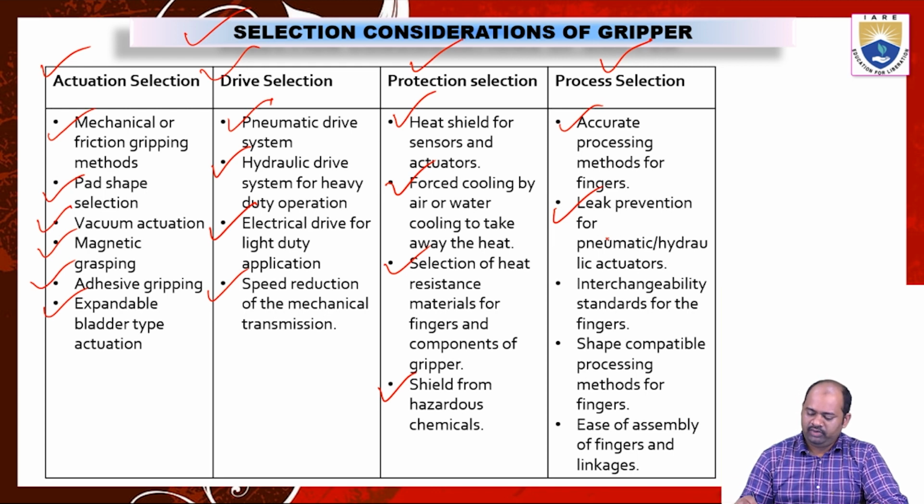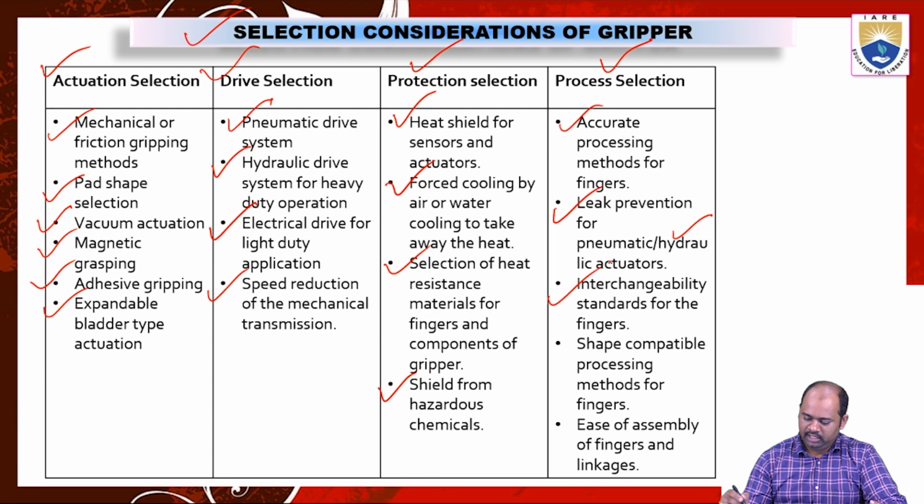And if we are using a hydraulic actuator, this hydraulic actuator uses a compressed oil which is stored in an oil tank. So these two things have to be carefully sealed. They should not leak into atmosphere. If there are any leaks, they may cause failure of the hydraulic or pneumatic drive. So that is why they have to be kept leak proof.